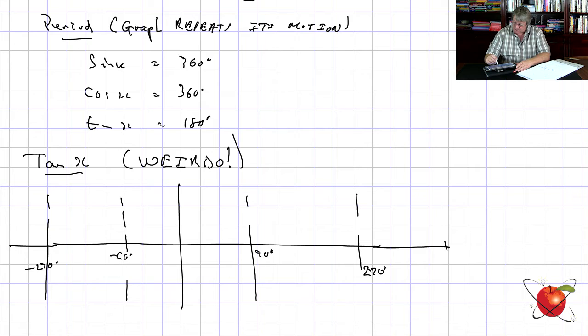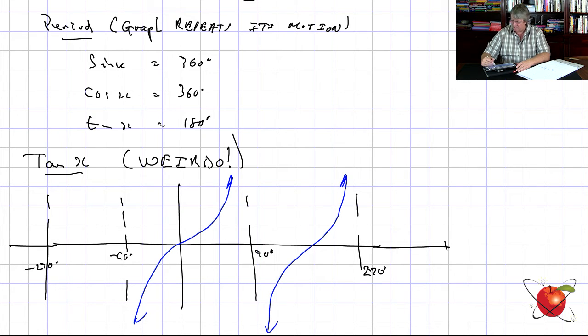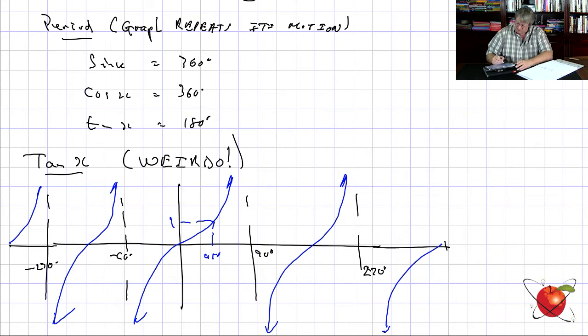If we plot the tan graph, we get a graph that does this, and it repeats itself like so, and that was a pretty good effort for a freehand drawing. And remember, on it we always put 45 degrees and 1. Similarly, you could have minus 45 is minus 1.